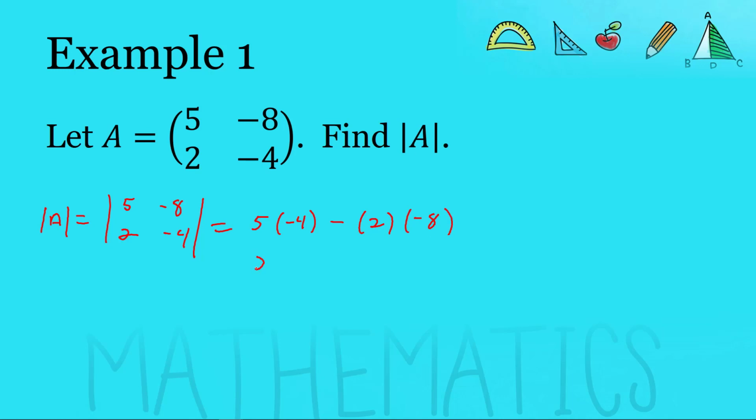That will be negative 20 minus negative 16, which will be negative 20 plus 16, which will be negative 4. So the determinant of the matrix A is negative 4. That's all there is to it.